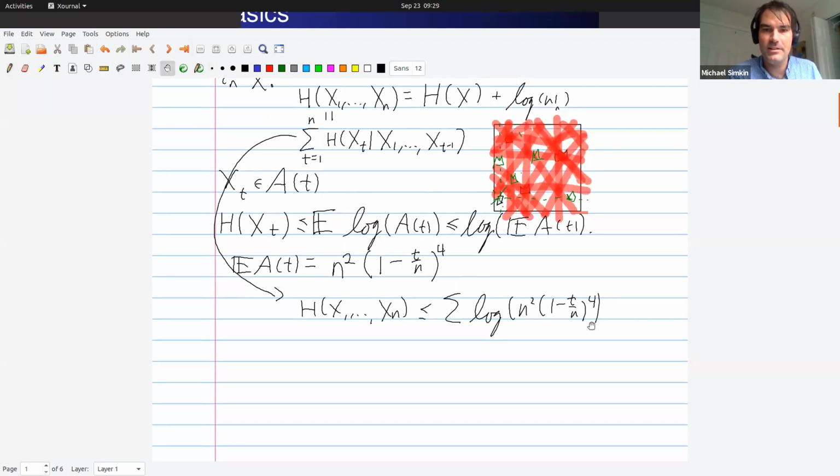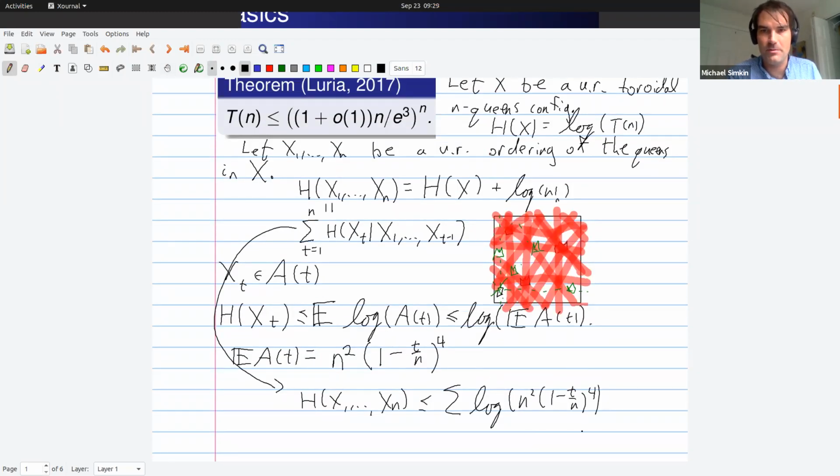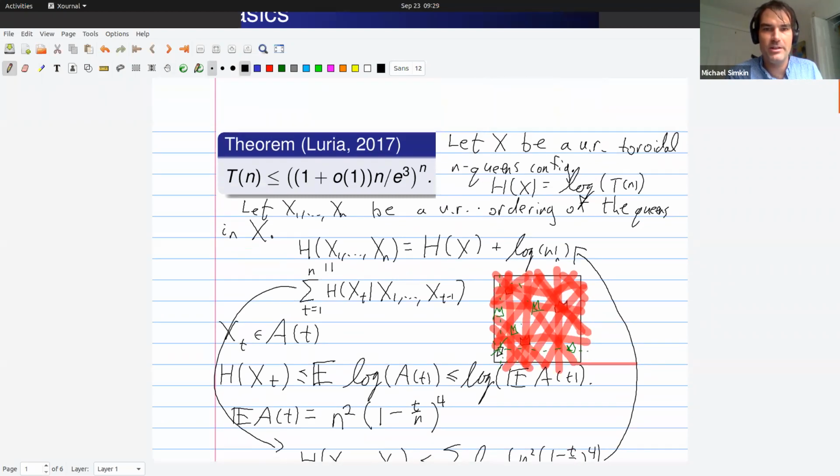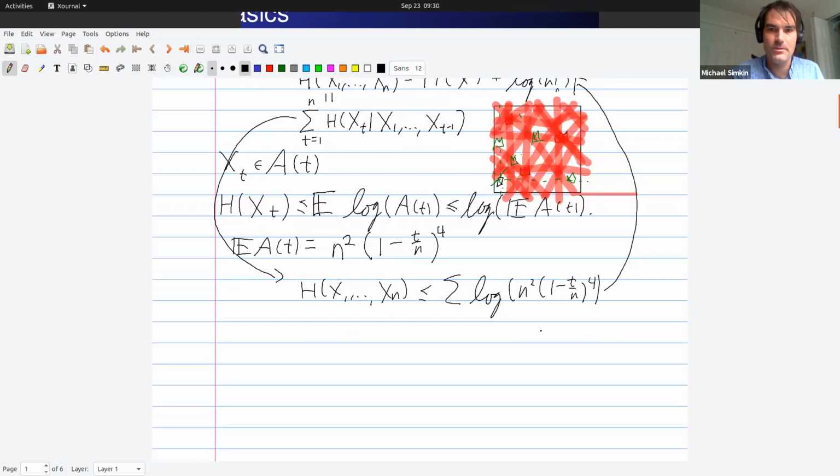You can calculate this sum fairly precisely. If you then plug it into this formula over here, you get the desired bound on H of x, which gives you this upper bound on t of n.